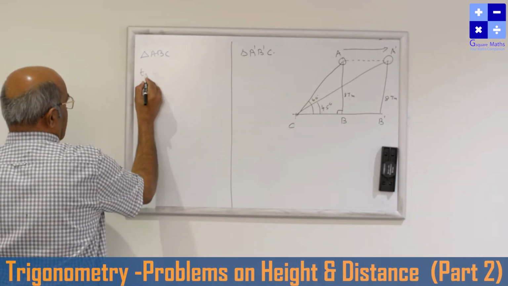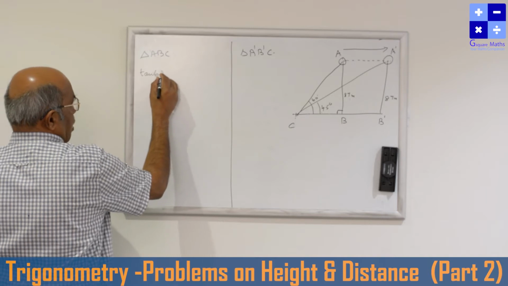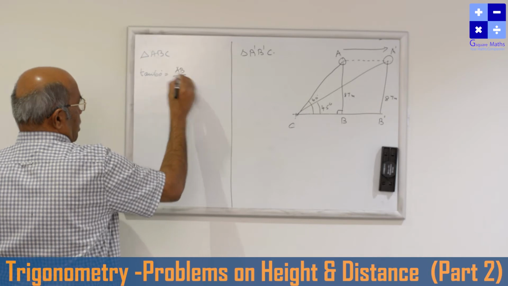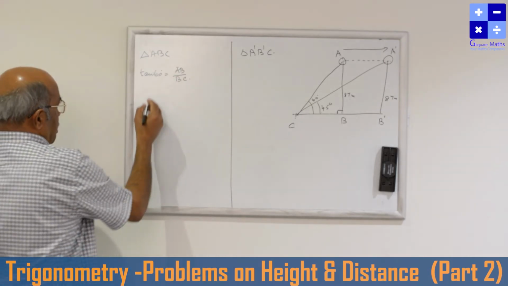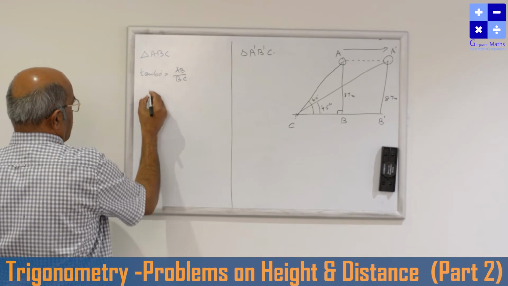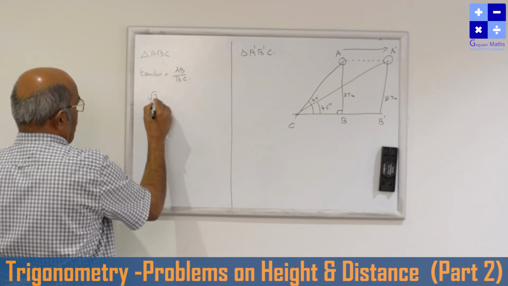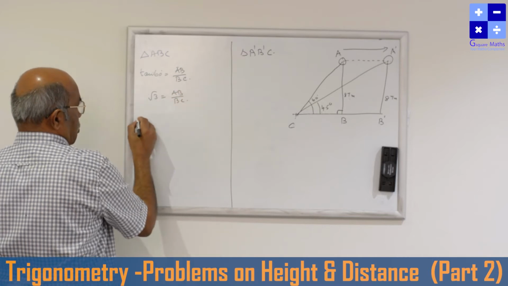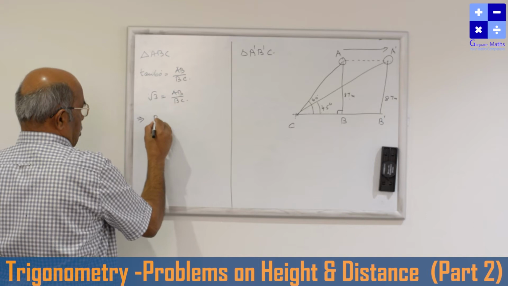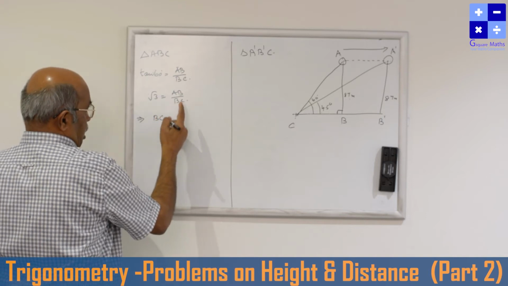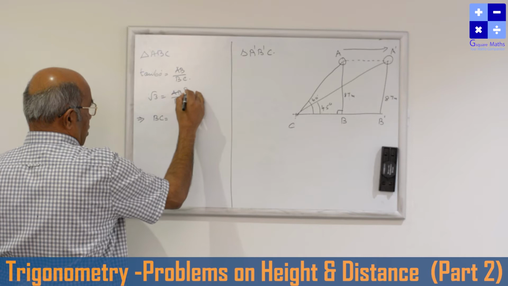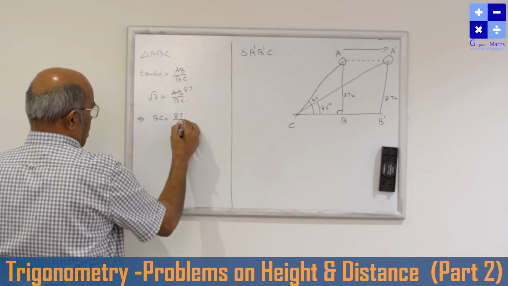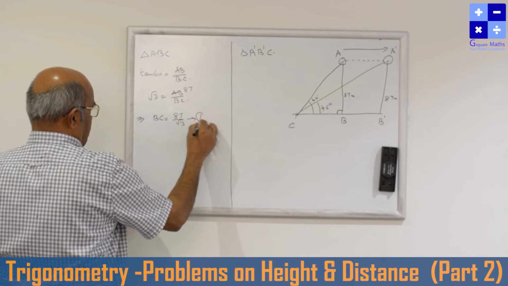So tan 60 is equal to AB by BC. But tan 60 we know is root 3. This implies BC is equal to AB, which is already given as 87. BC is equal to 87 by root 3. First equation.